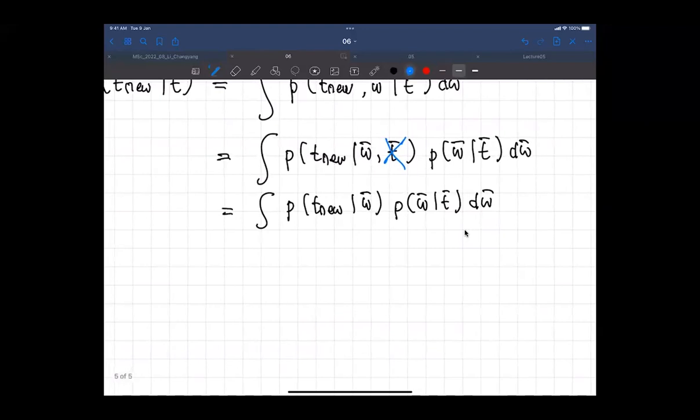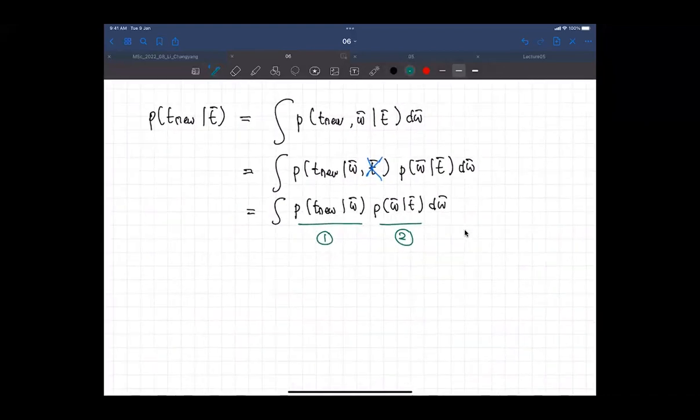As you can see, there are two terms here. For the first term, P of T new given W bar, what kind of expression is this?